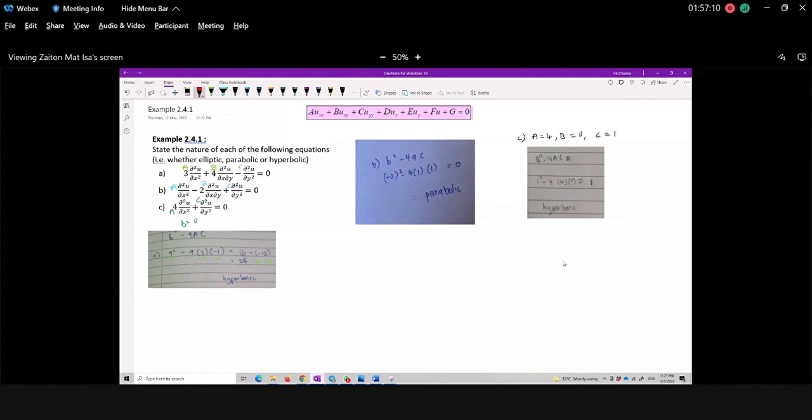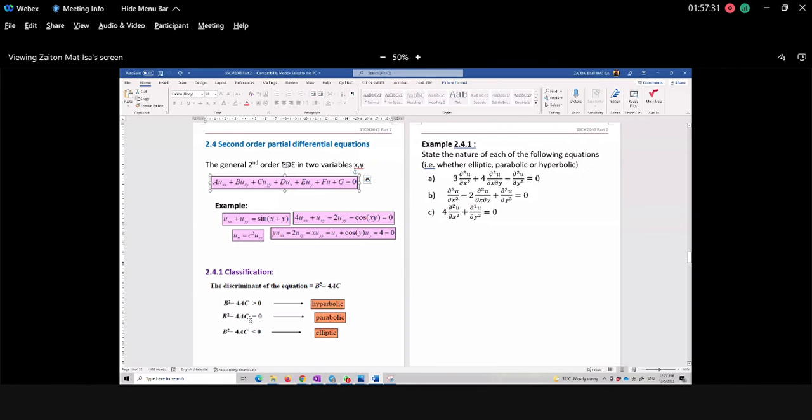So this is not there, this is 0. So minus 4 times 4, times 1. So you will get minus 16. So if minus 16, it is less than 0. It's not hyperbolic, but it is elliptic. Elliptic second order PDE. Less than 0, it's elliptic. Yes, already corrected on Telegram. Yes, it is elliptic. So we have to be careful.